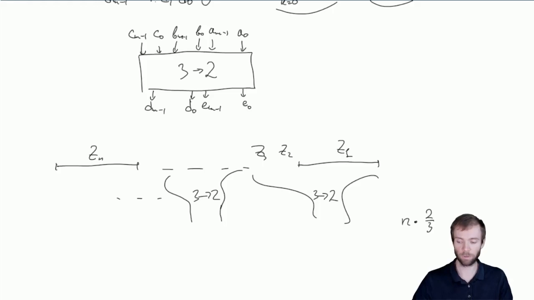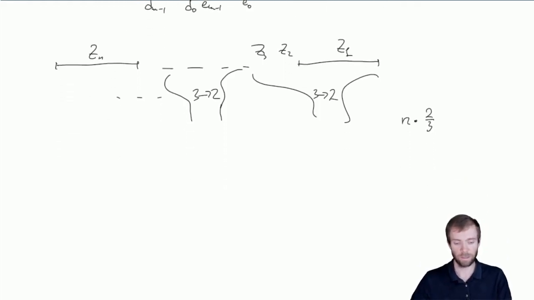So now the number of the layers that we'll have to have like this is of course logarithmic. So the number of these 3 to 2 layers would be logarithm base 3 over 2 of n. Anyway, this would be the logarithmic number of layers.